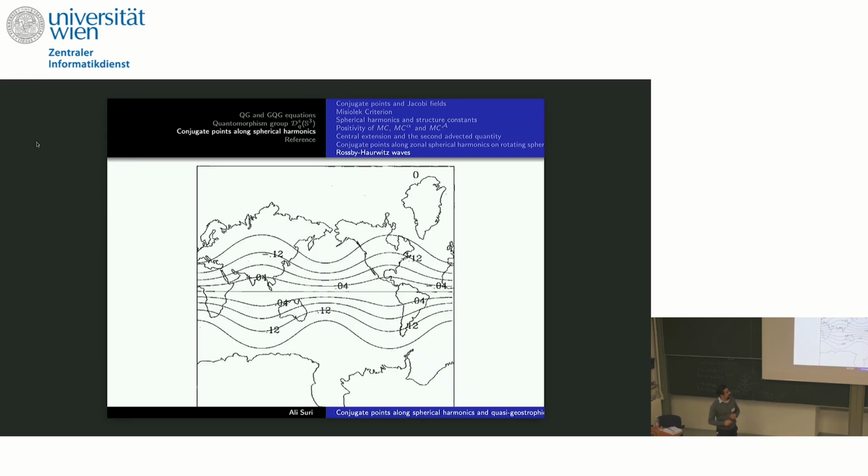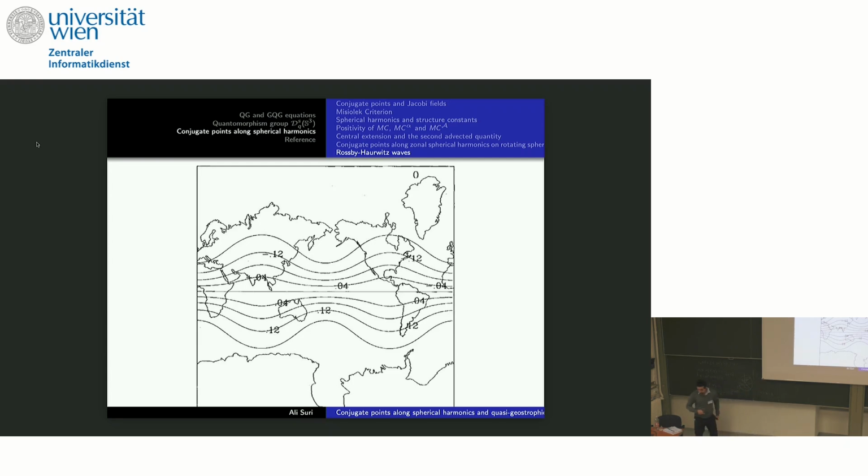So this picture. What we see here is Greenland. And here is encoded some Rossby-Haurwitz wave at time t0, which is induced by zonal numbers L equal 3 and M equal 2.